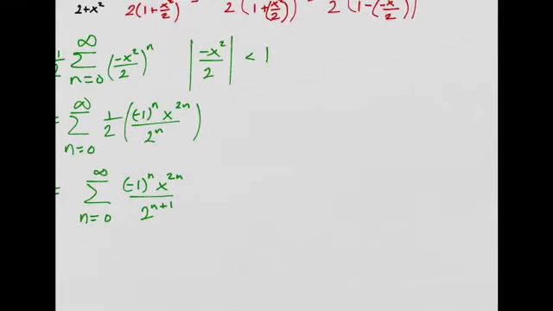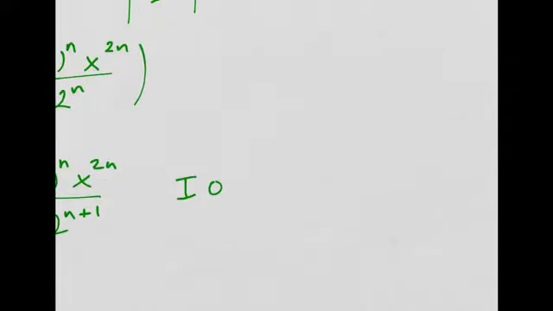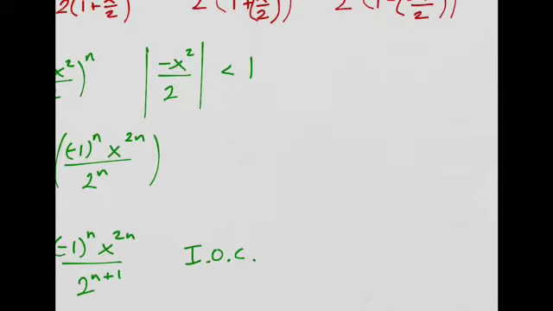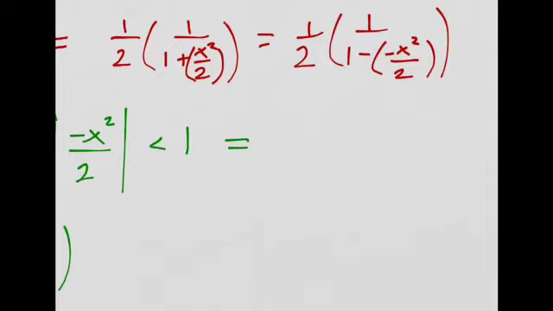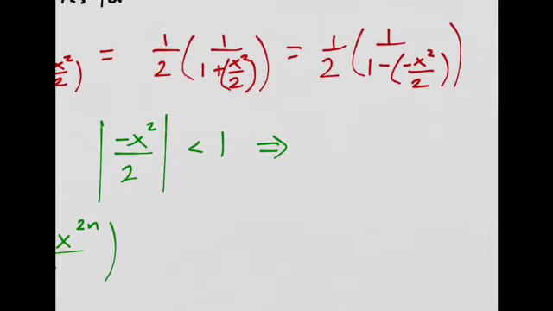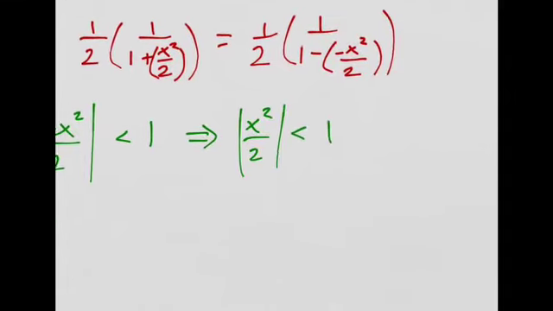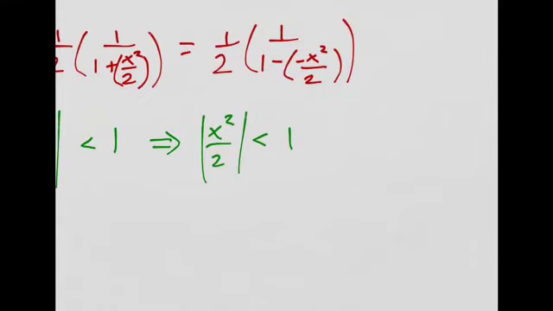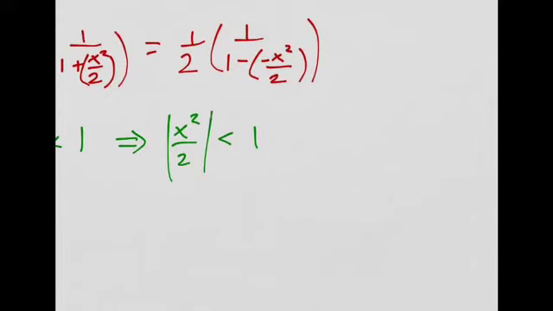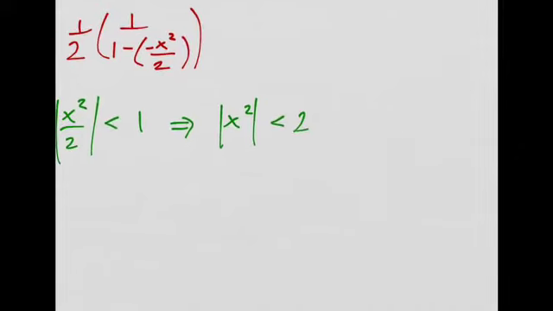Now I want to know the interval of convergence. Well, that comes from this. So this implies that, well, the negative can go away because I'm taking the absolute value. So the x squared over 2 has to be less than 1. But I can multiply both sides by 2. This is always going to be positive 2. So this implies that x squared is less than 2.